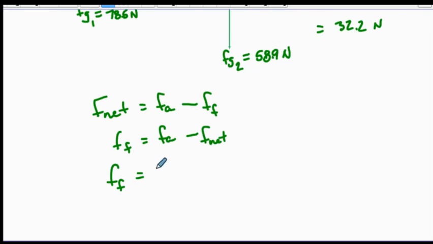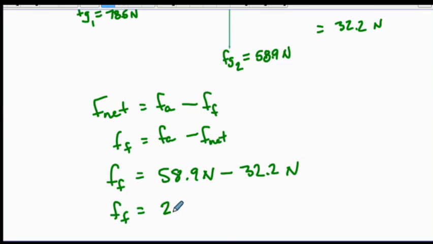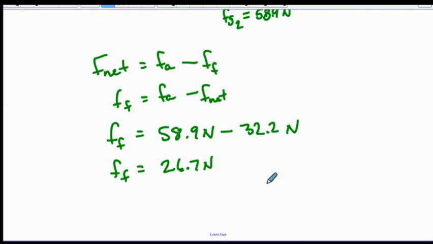The force of friction will be equal to 58.9 newtons minus 32.2 newtons, which is our net force. From this, we determine that our force of friction is 26.7 newtons. If all the question asked was to find the force of friction, we'd be done.